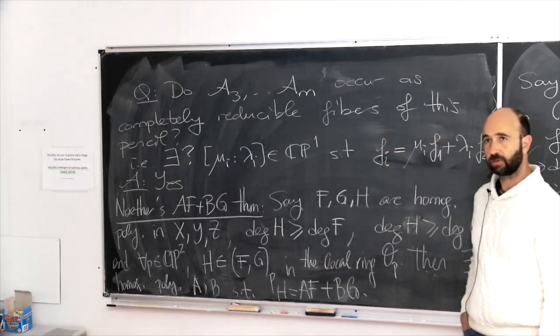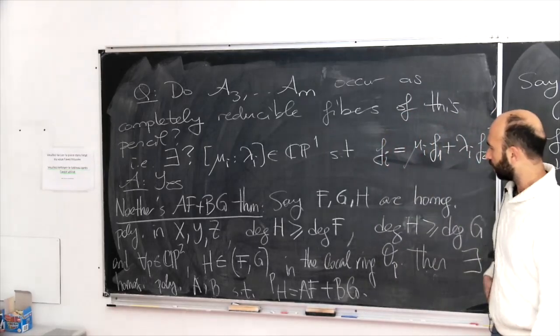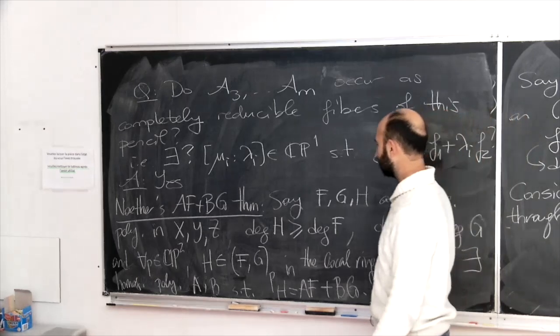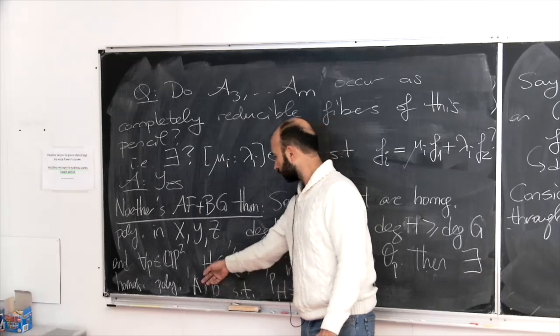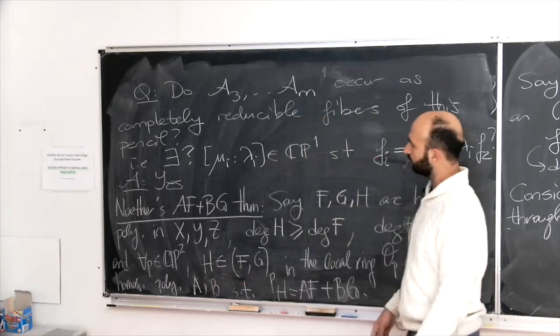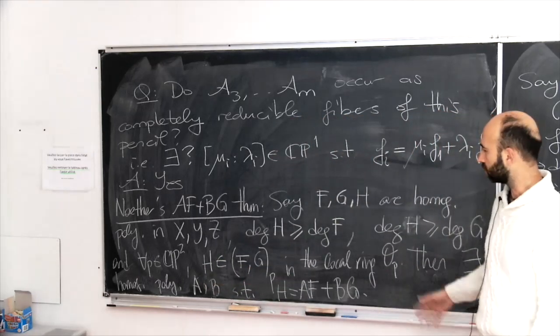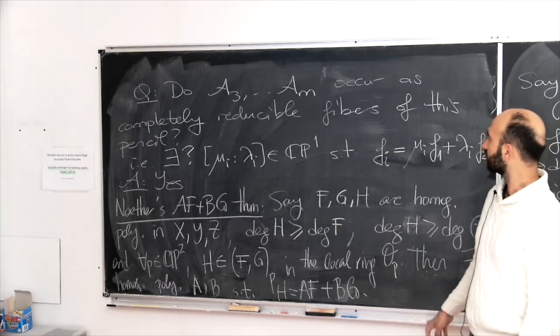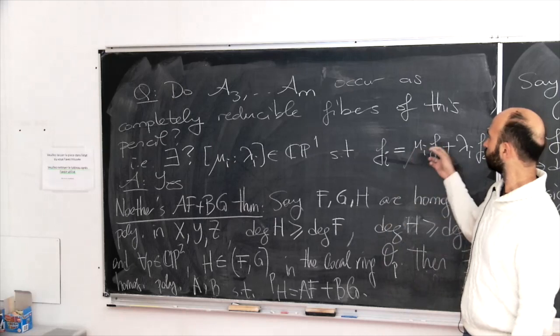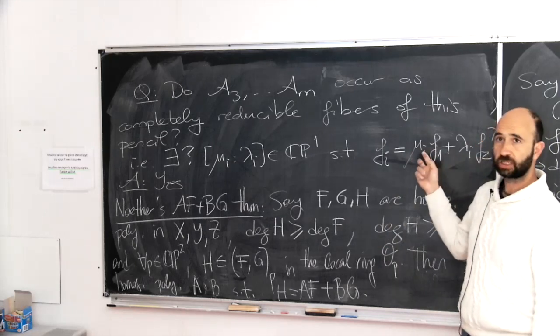So this is some kind of a local to global theorem. You check the local necessary condition for H to be a combination of F and G. If it holds for every point, then it holds globally. That's what it says. And in our case, the intersections of F1 and F2 are assumed to be transverse.